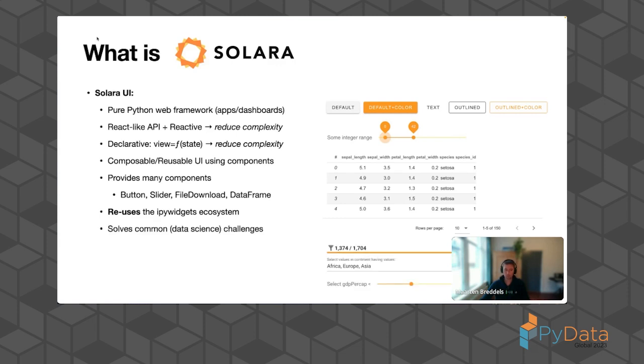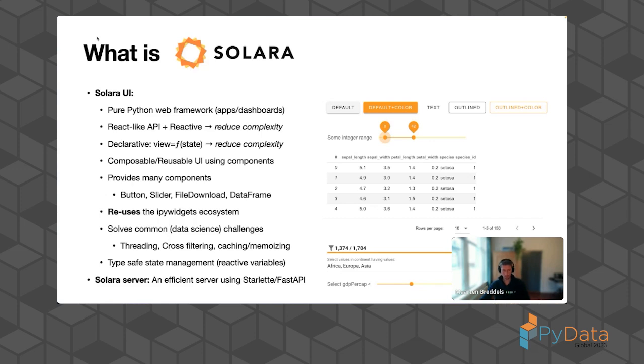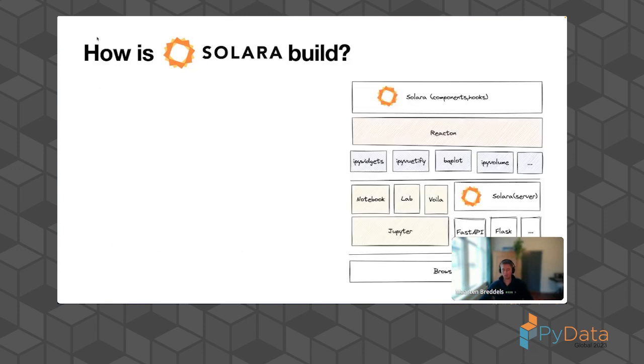But also solving common data challenges, threading, as I've demonstrated, cross-filtering, caching, etc. And we have a story for type-safe state management. So our reactive variables, everything's typed. That allows you to iterate much faster without introducing small bugs. And I didn't mention much about this, but we also have this Solara server. I'll go into a bit more detail later.